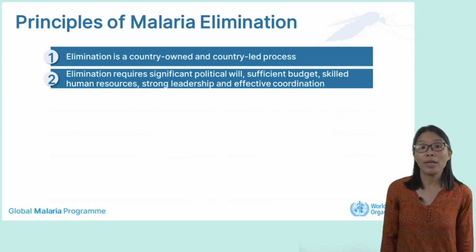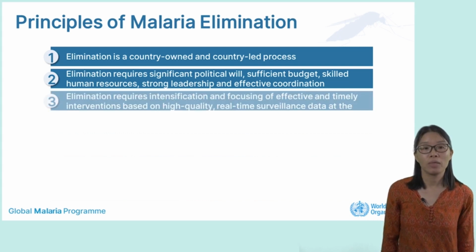But resources are not enough, and strong leaders will be needed to direct effective elimination efforts. Because of the number of government agencies, multilateral and bilateral agencies, and non-governmental organizations engaged in any elimination effort, effective coordination is needed to minimize duplication of efforts and confusion over roles and responsibilities.